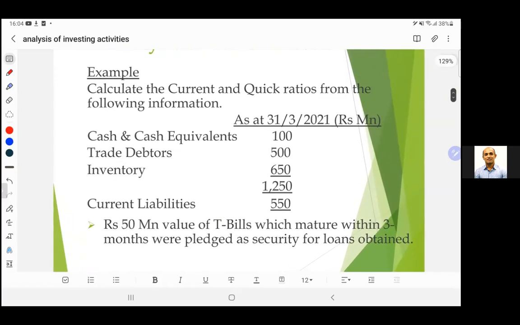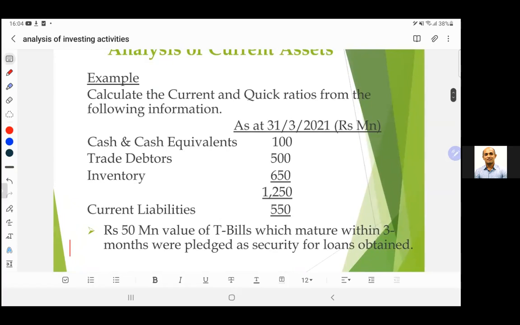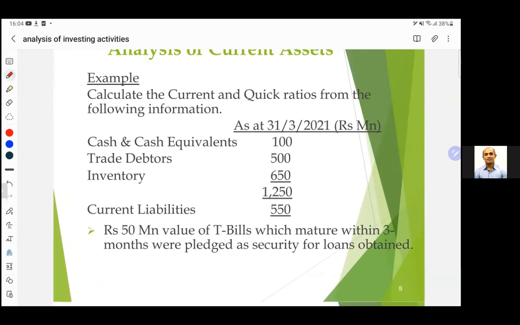Now you see, 50 million value of treasury bills which mature within 3 months were pledged as security for loans. Now you see these treasury bills mature within 3 months.